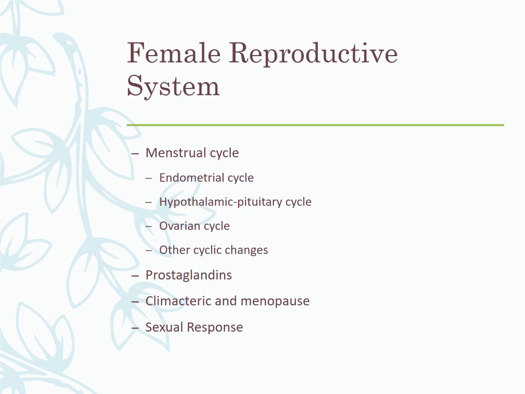With the female reproductive system, you need to look at your menstrual cycle. That would include the endometrial, hypothalamic pituitary cycle, the ovarian cycle, and any other cyclic changes. Look at the prostaglandins.